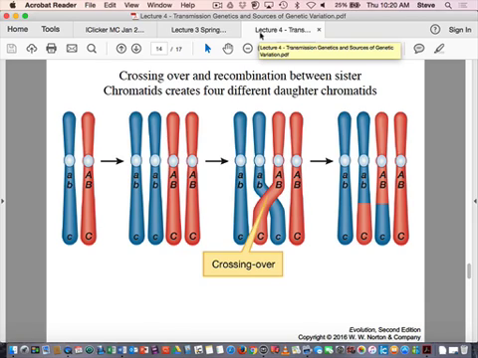Okay. The important point here is not when this occurs, but the process and the outcome, right? And this is when the sister chromatids synapse, and they exchange arms of these chromosomes. And what you'll notice is when there's the duplication event where you have these homologous chromosomes, then they get duplicated, producing these daughter chromatids of each, right?